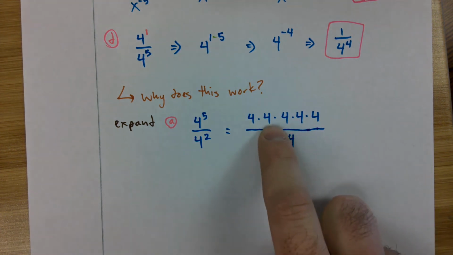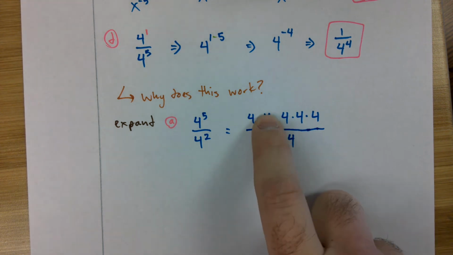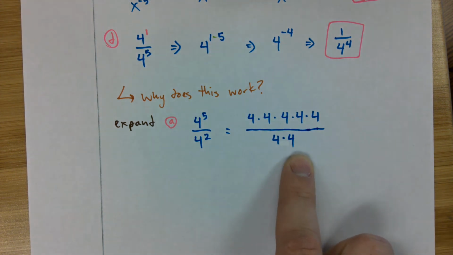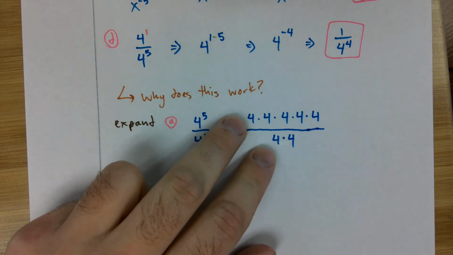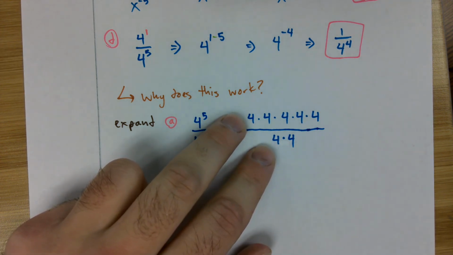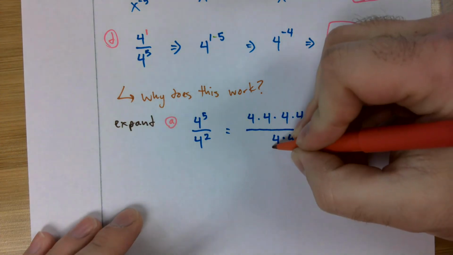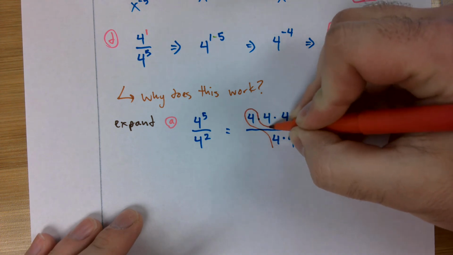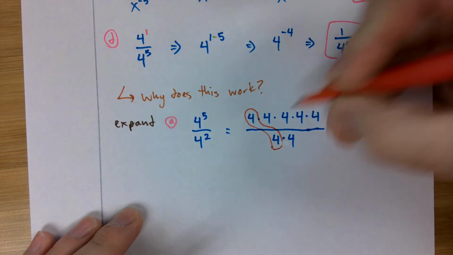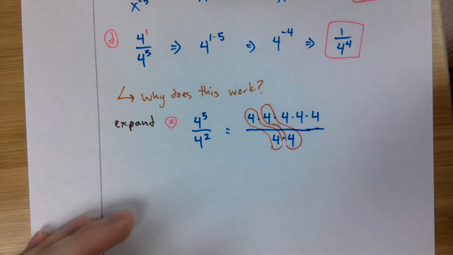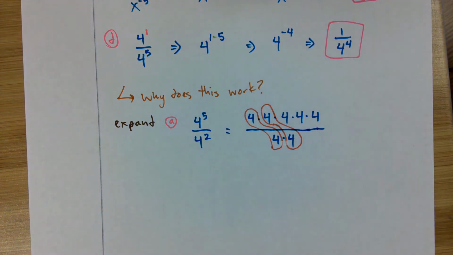So remember, when we have common factors in the top and the bottom of our fraction, what can we do when we have a matching pair of factors? We can cross them out. So let's take this first pair of 4s, circle them up, and then this second pair of 4s, circle them up.